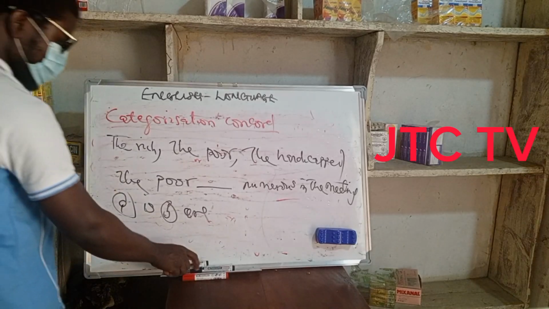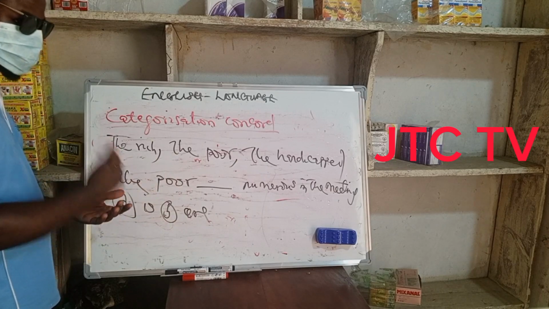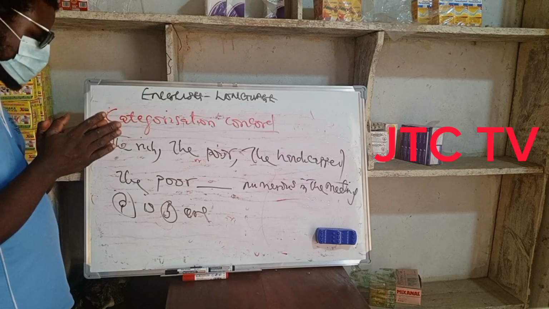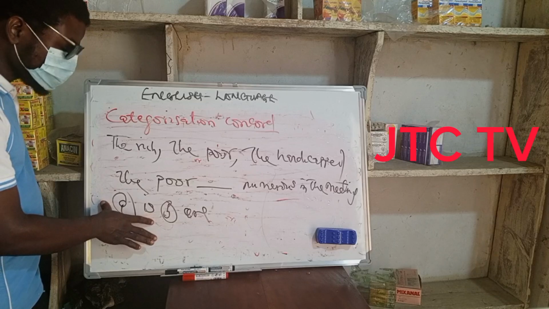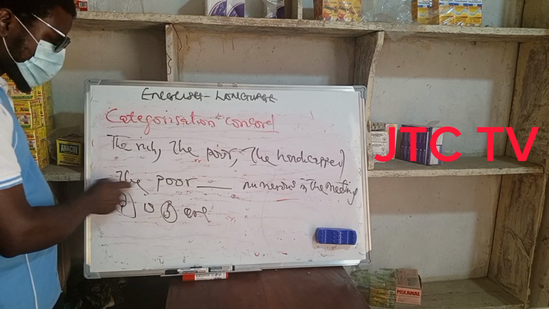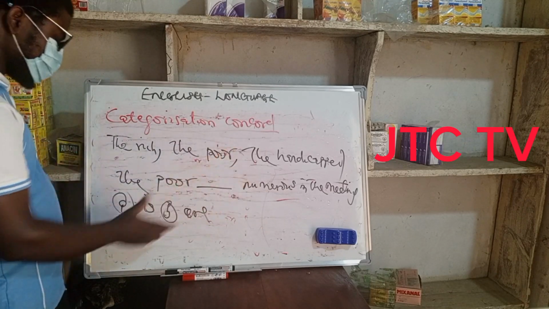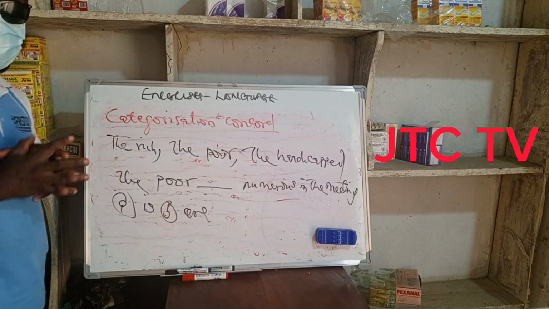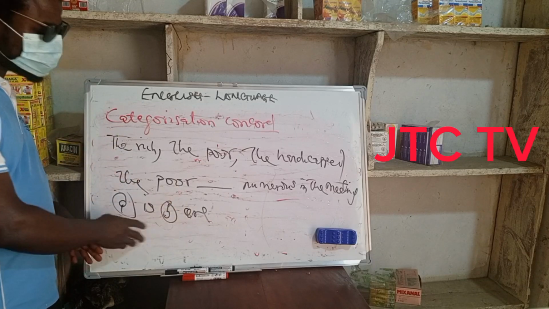Because this word is present, it is denoting a category. The category it is denoting is a group of poor people. So, from what we discussed earlier, the verb to be used is a plural verb. So the poor are numerous. That is the right way of saying this sentence, instead of the poor is numerous. Whenever any word denoting category is present in a sentence, the verb is plural and not singular.